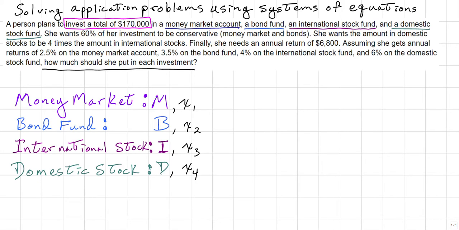Generally speaking, as you delve further into linear algebra applications, you're going to want to use x with subscripts or some other variable with subscripts. You can differentiate between the different variables, but they're all the same letter. But we're going to stick with M, B, I, and D for this one.